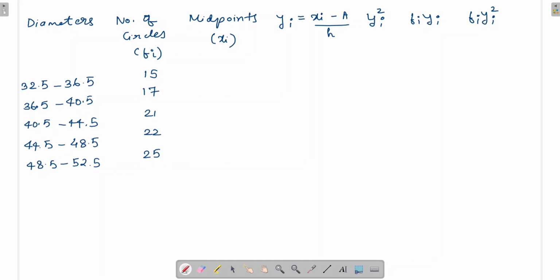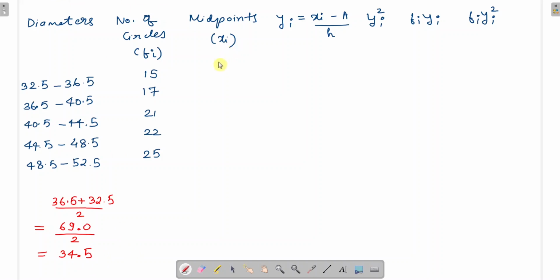Okay, now midpoints we have to find, so let us find out the midpoint of this. So that will be 36.5 plus 32.5 divided by 2, that will be nothing but, so 5 plus 5 is 10, right? 1 borrowed, 1 plus 6 is 7, plus 2 is 9, 3 plus 3 is 6, so 69 by 2, that will be 34.5.